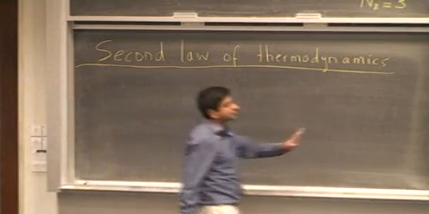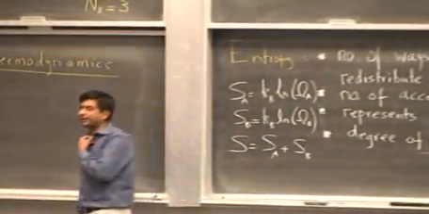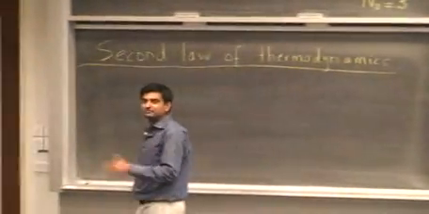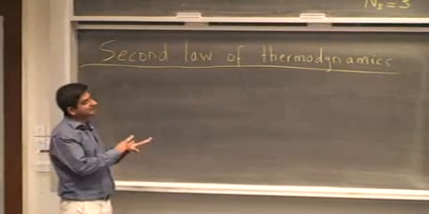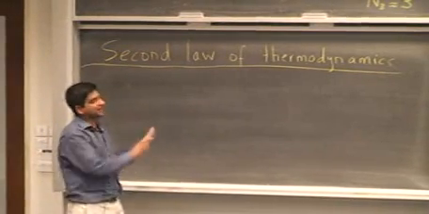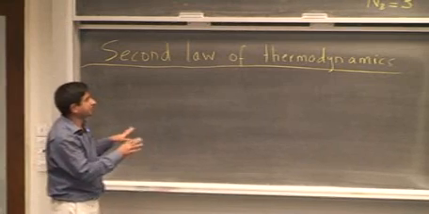Just like entropy can be defined in a number of ways, the second law of thermodynamics can also be written in a large variety of ways. And with the discussion that we've had so far, I would like to write it in these ways.